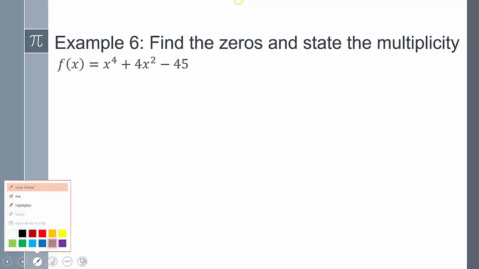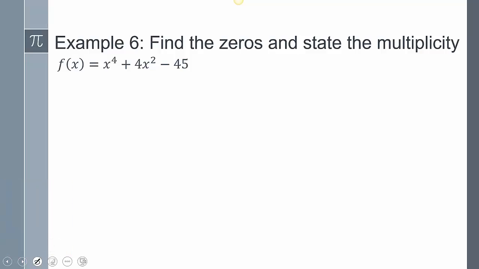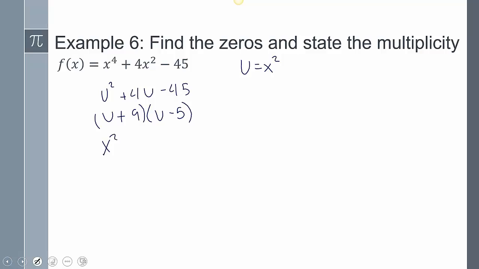On this example, we're going to use u substitution, so I can say u equals x squared. Substituting that in, I get u squared plus 4u minus 45. This will factor into u plus 9 and u minus 5. Now substituting the values back in, I get x squared plus 9 and x squared minus 5.